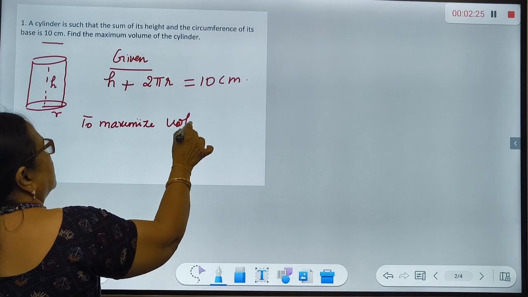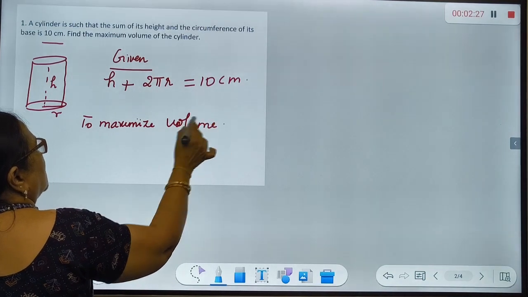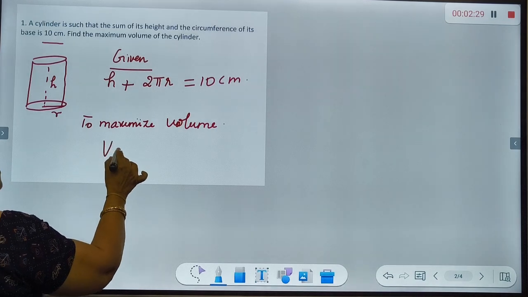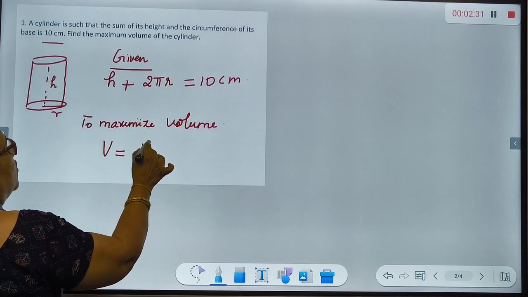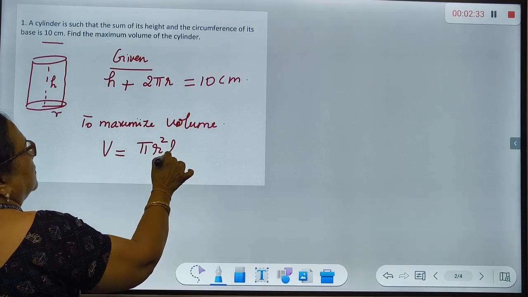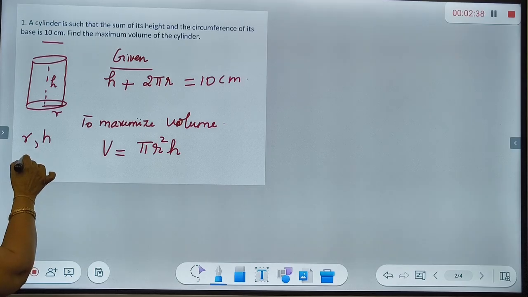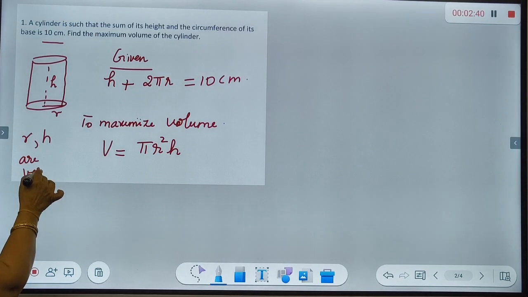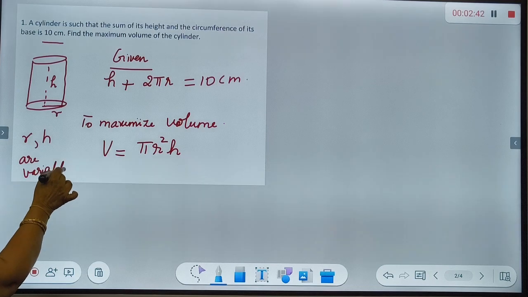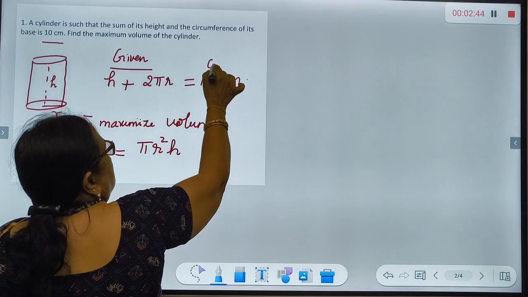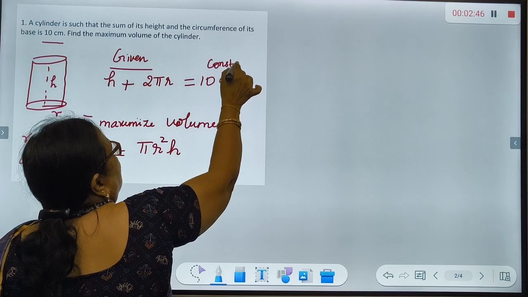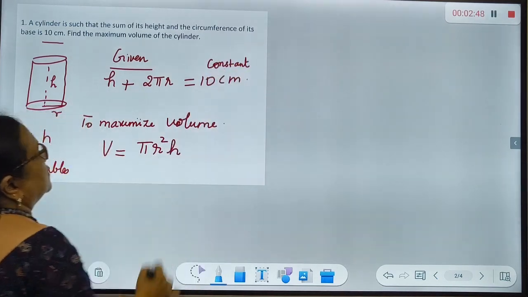What is the volume of a cylinder? Pi r square H. Both R and H are variables. What is a constant? H plus 2 pi r is a constant.